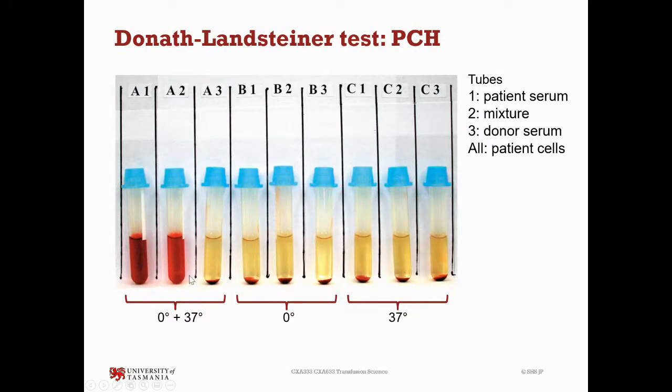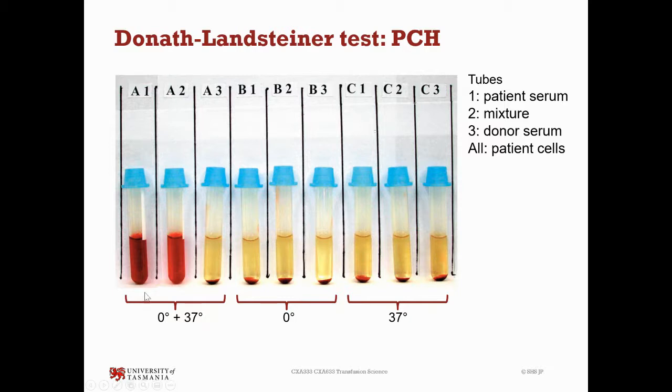And there are patient cells in all of these. The first group of 3, the patient serum, the mixture, the donor serum, are incubated for about 30 minutes at 0 degrees and then 30 minutes at 37 degrees.